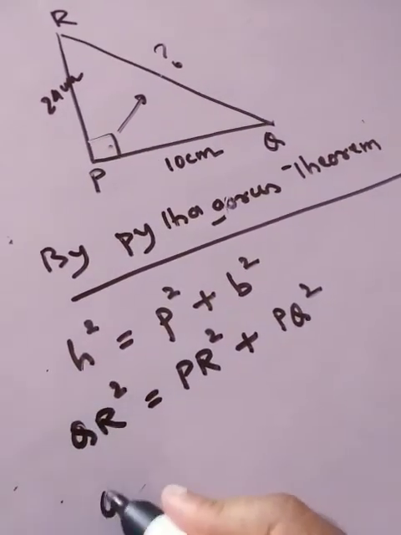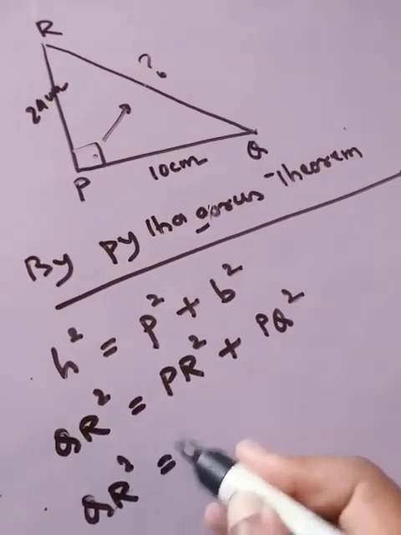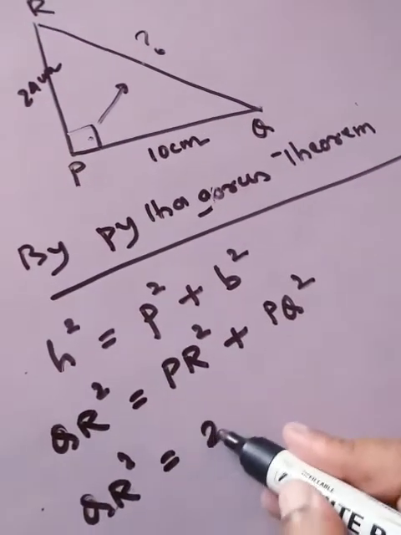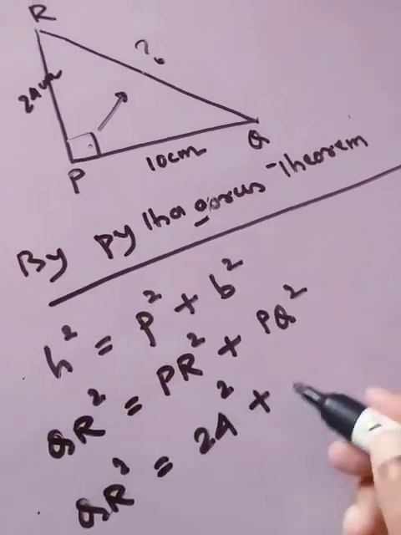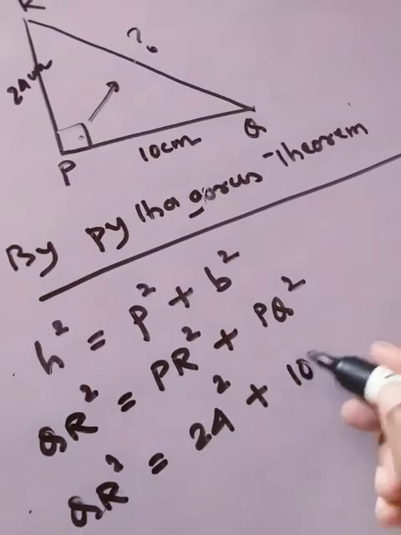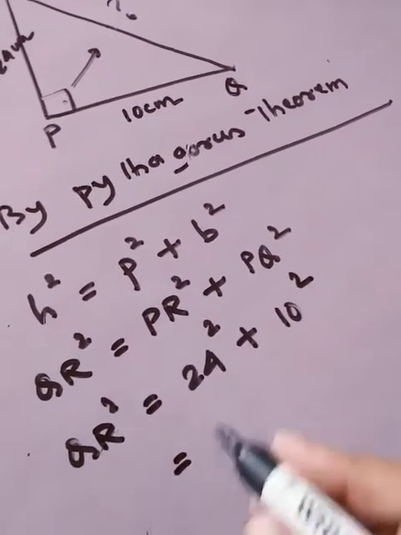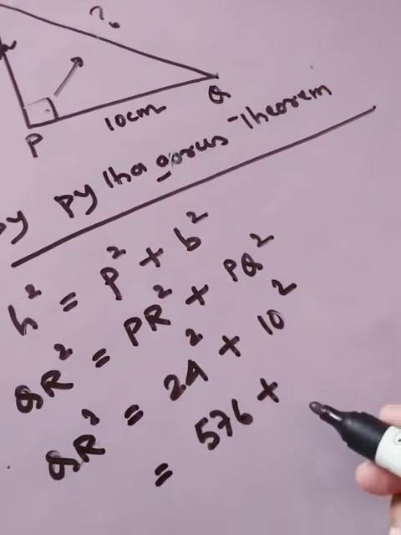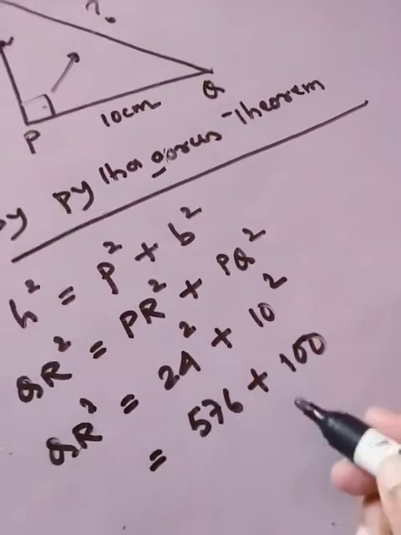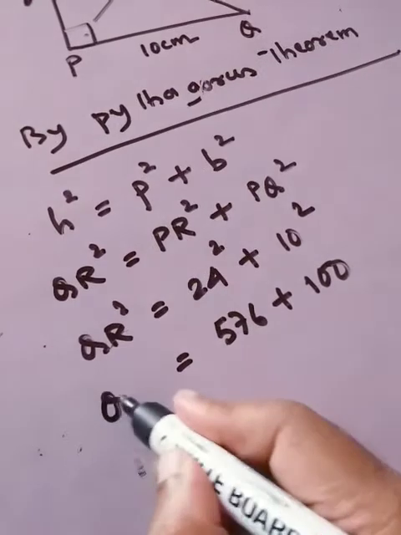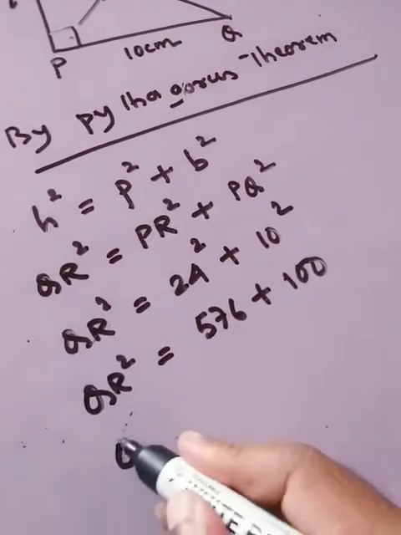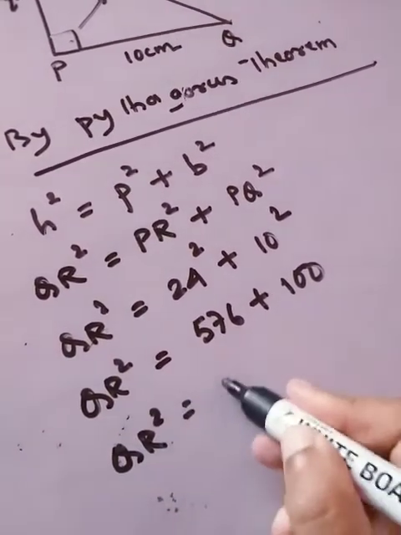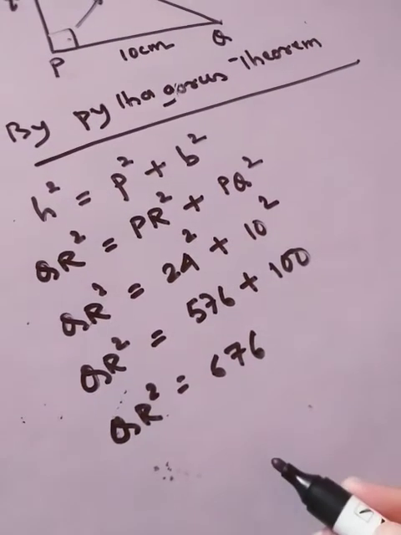QR we do not know, so we'll write it as it is. PR, the value given is 24 square, and PQ is 10 square. Now 24 square is 576 and 10 into 10 is 100. So QR square equals 676, isn't it?